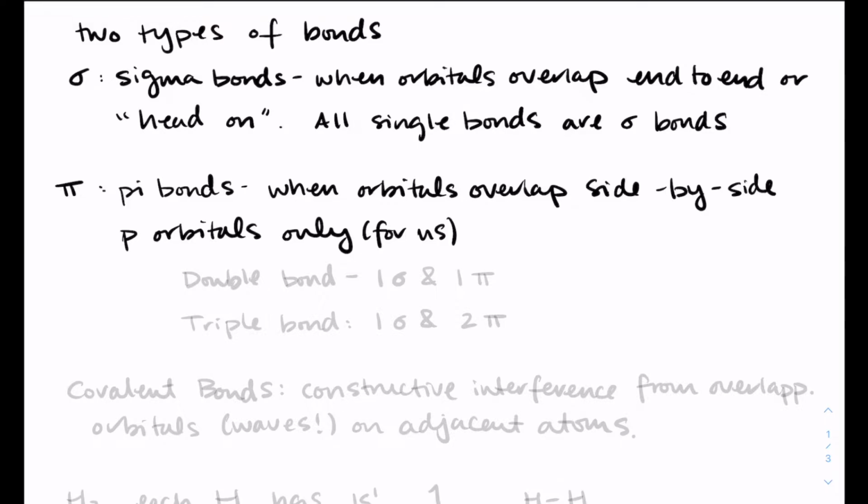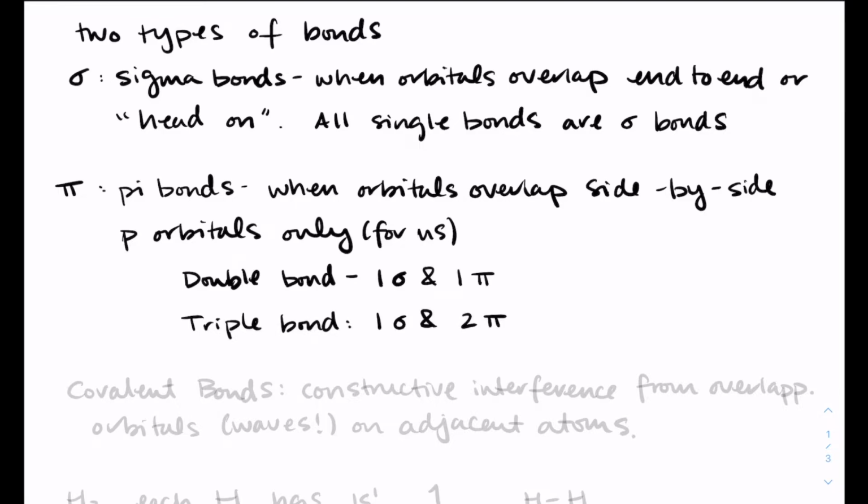We will see this in double bonds and triple bonds. In a double bond, one of the bonds is a sigma bond and the other is a pi bond. In a triple bond, it's still only one sigma bond and the other two are pi bonds.